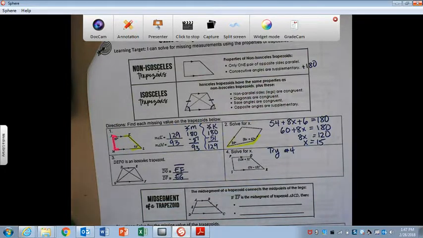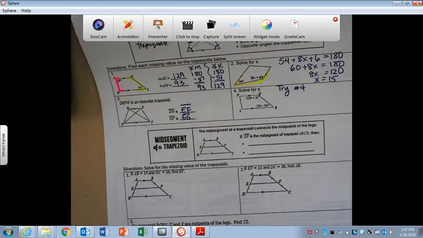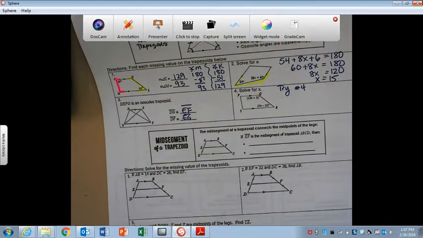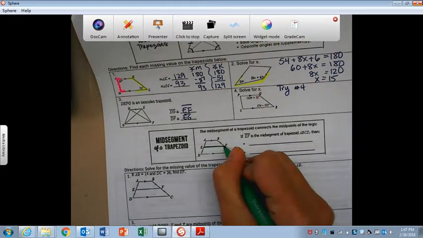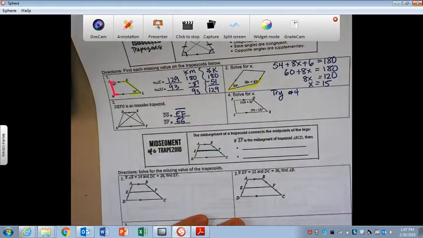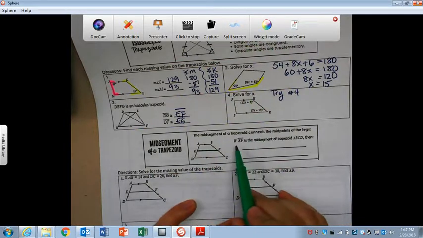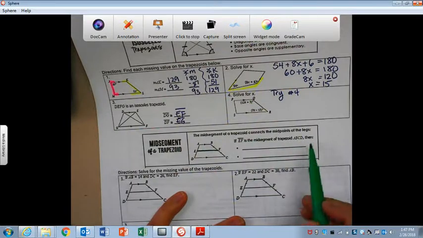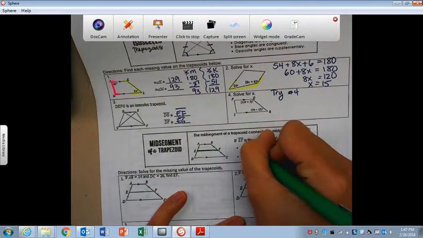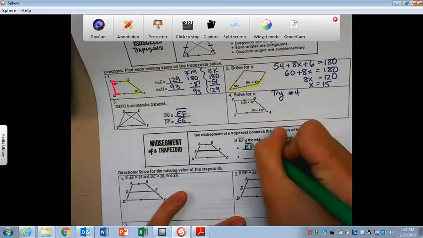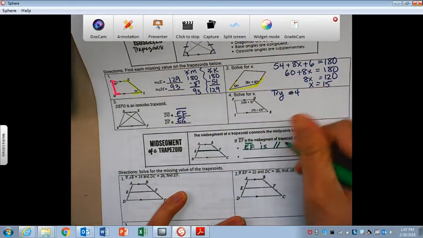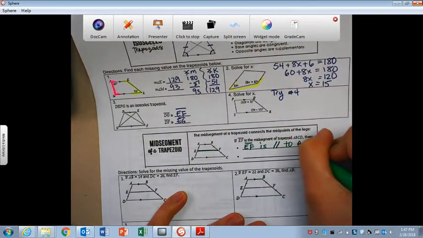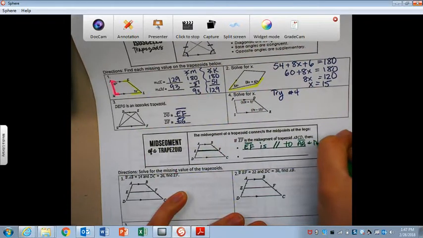Next topic, we're going to talk about a mid-segment of a trapezoid. Alright, so here is your mid-segment. Okay, we've done mid-segments and triangles before. Mid-segments of trapezoids is pretty much the same thing. So, if EF is the mid-segment of a trapezoid, ABCD, then EF, okay, is parallel to AB and DC.